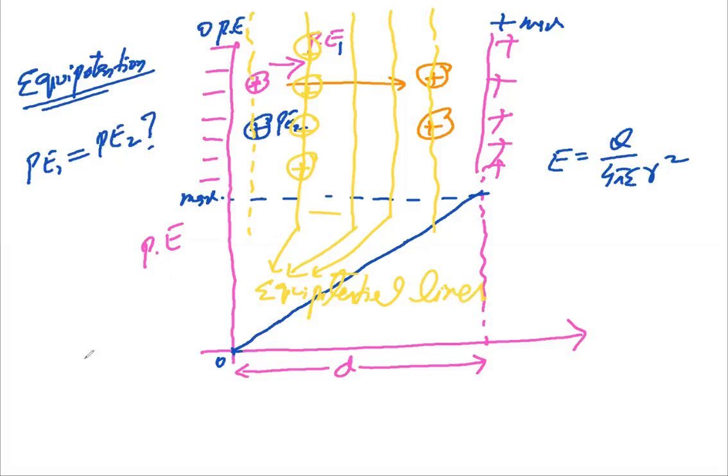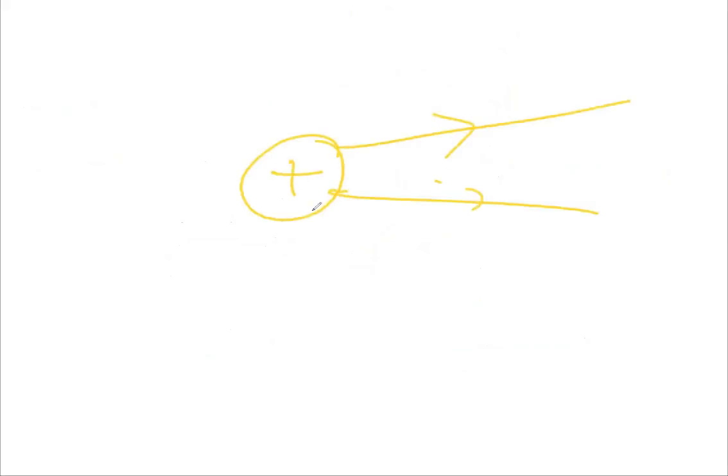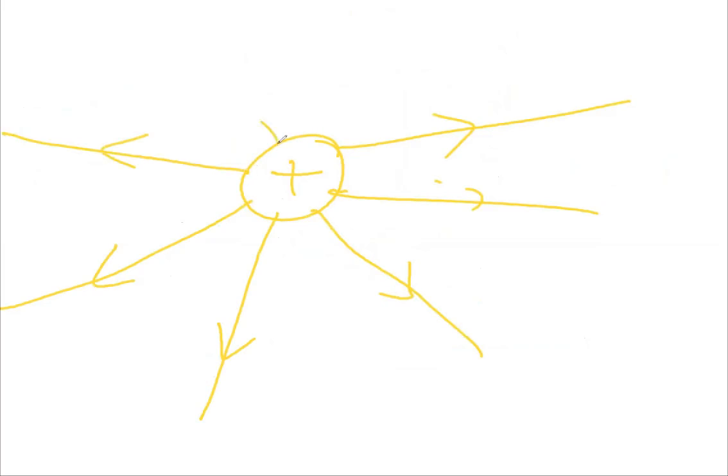Zubaira, in positive charge, let's say I have a spherical positive charge. The electric field will be like this. So can you draw the equipotential line? This will be the equipotential line.